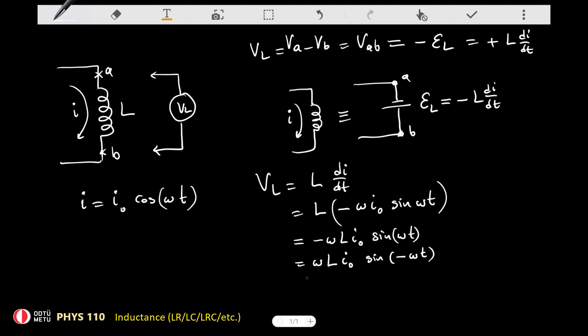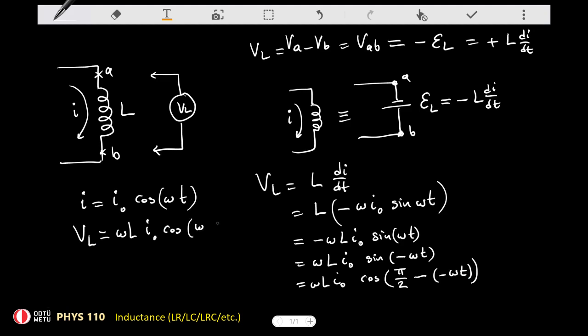And next, I'm going to use this relationship: the sine of any angle is the cosine of 90 degrees minus the angle. Here the angle is minus omega t, so I'm going to write it down like that. So you can see that the potential drop on the inductor would then be omega L times I0, and then the cosine of omega t plus pi over 2.